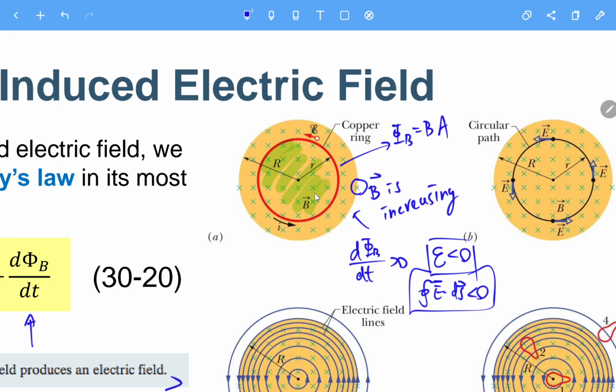As the B field is pointing into the page and increasing, the loop here should generate a B induced pointing out of the page to cancel this change, according to Lenz's law. Using the right hand rule, with your thumb pointing out of the page, your fingers curl counterclockwise, which is the direction of the current.